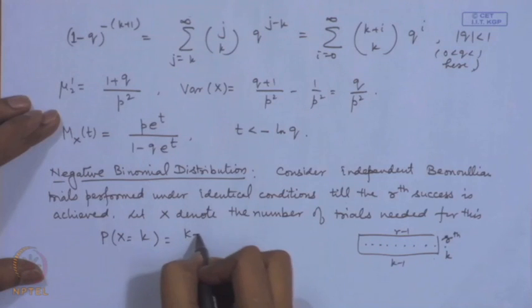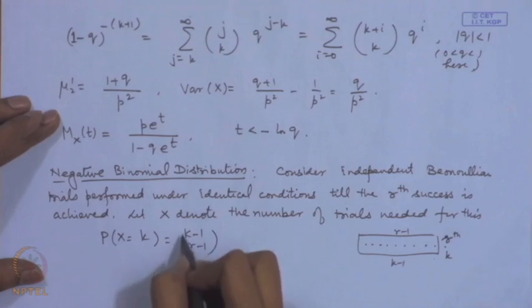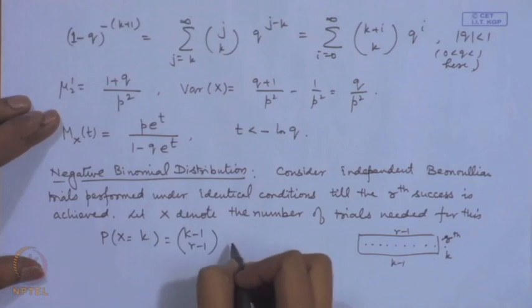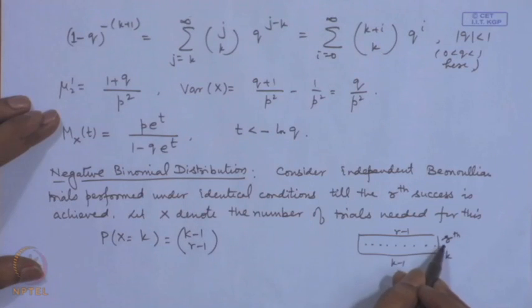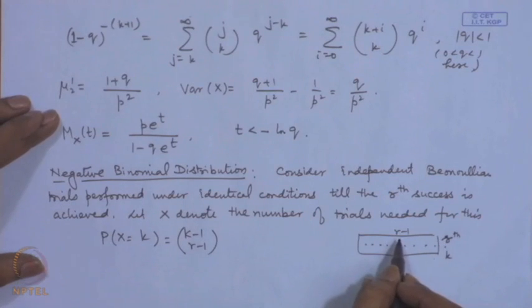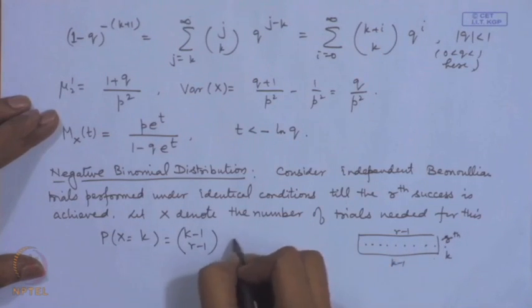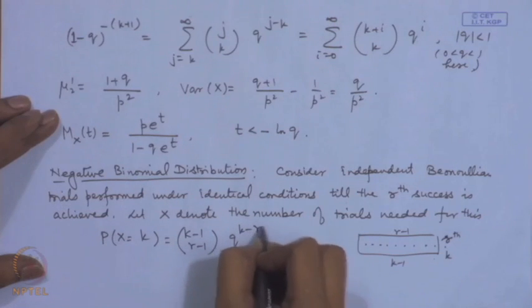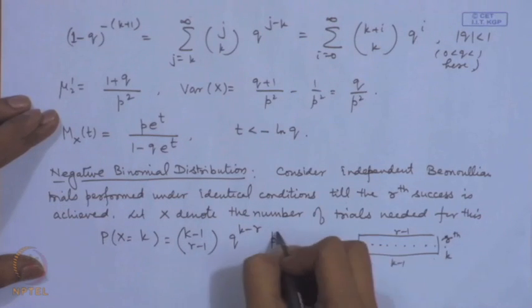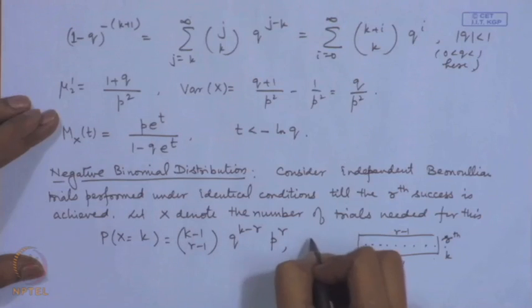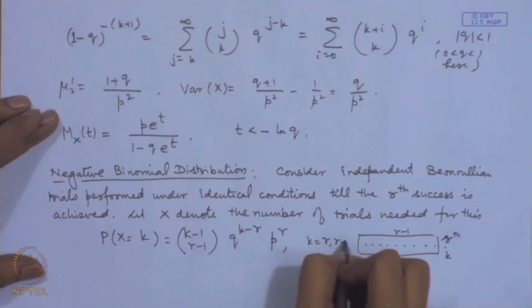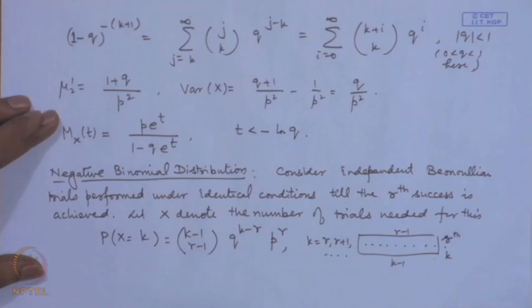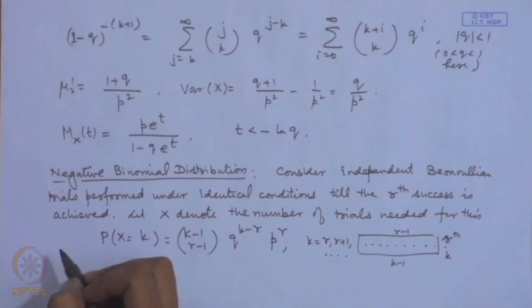That means, this can be done in k minus 1 choose r minus 1 ways. So, now out of this k minus r failures will be there. So, q to the power k minus r and p to the power r, because r successes are there, where k can take values r, r plus 1 and so on. So, this is called negative binomial distribution.